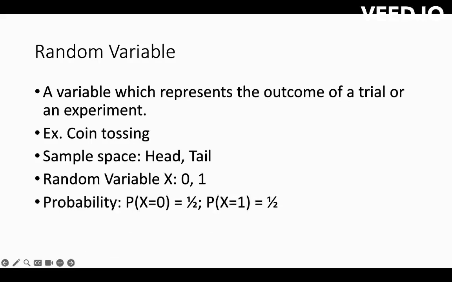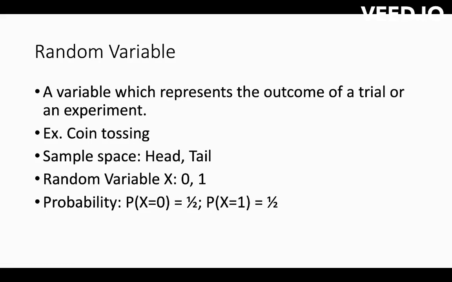So what is the probability of x is equal to 0? The probability of x is equal to 0 means the same as the probability of landing on head when tossing one coin.